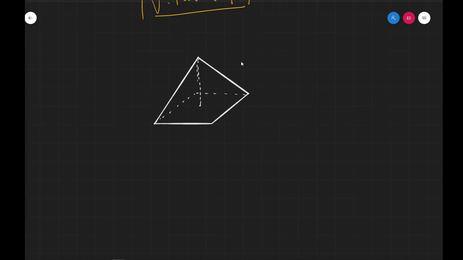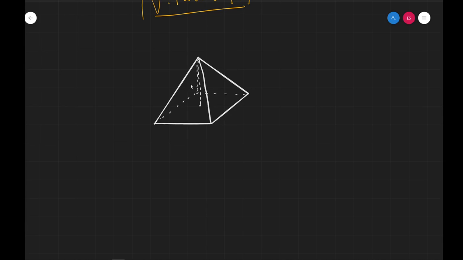Okay, so we have our Great Pyramid. We need to be able to figure out how big the base is, and we need to figure out how tall it is.